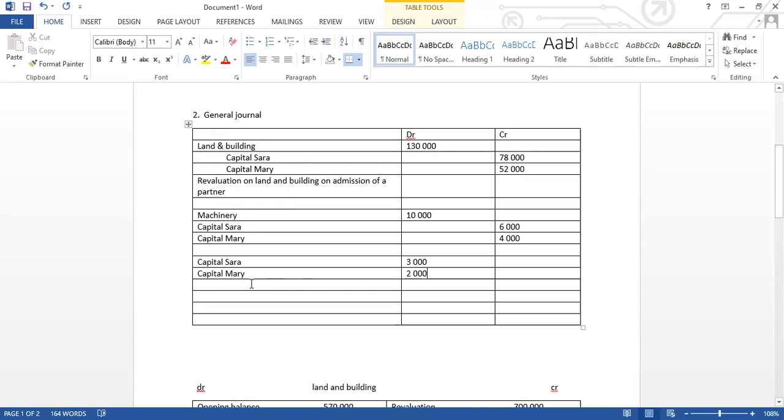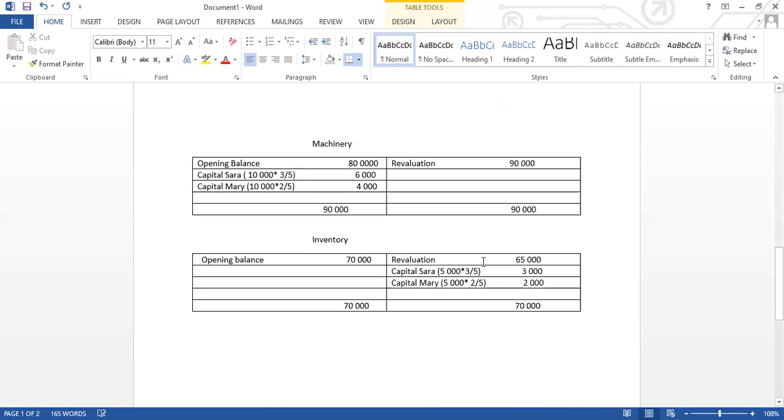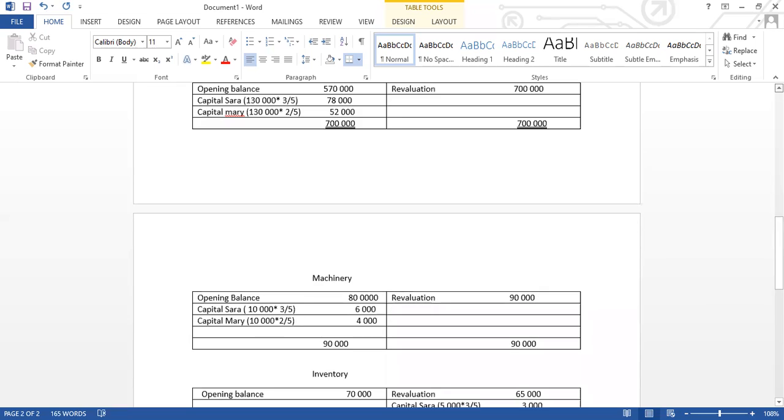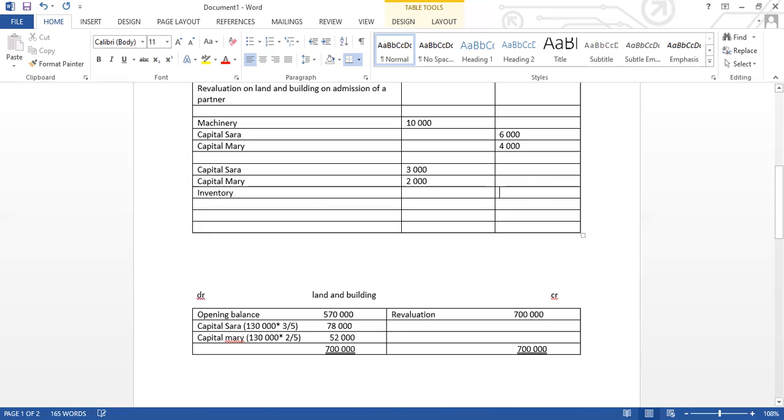And then we credit our inventory. You can even see that the inventory here is credited, the amounts are appearing on the credit side. That's why in the journal entry, you are crediting your inventory.